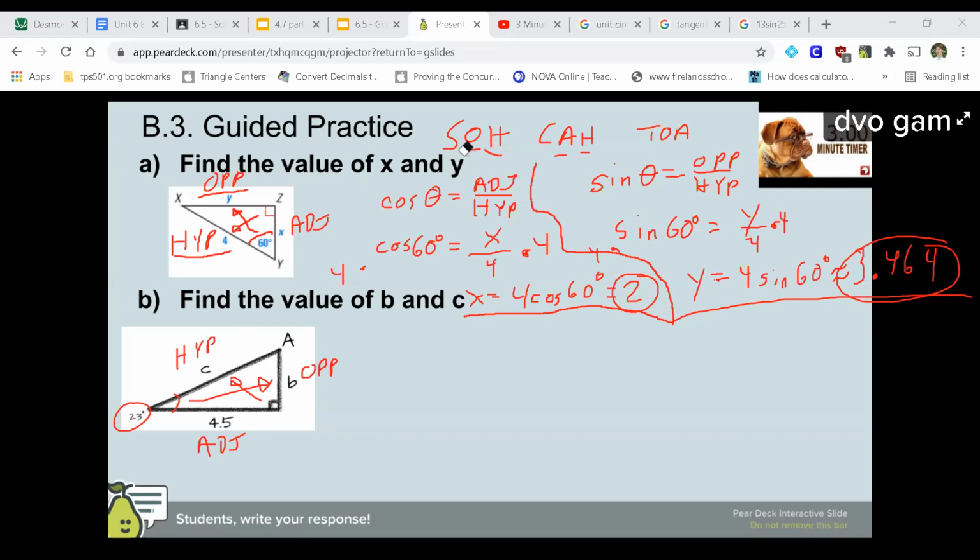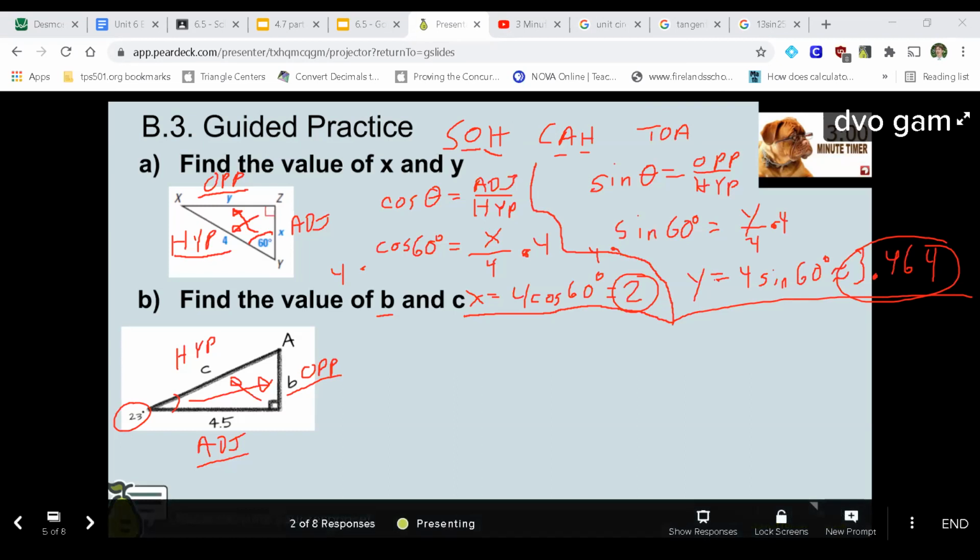If I try to find the value of B, I'm trying to find the opposite side when I'm given the adjacent. And which trig function relates opposite and adjacent? Sine, cosine, or tangent? That's right, tangent.